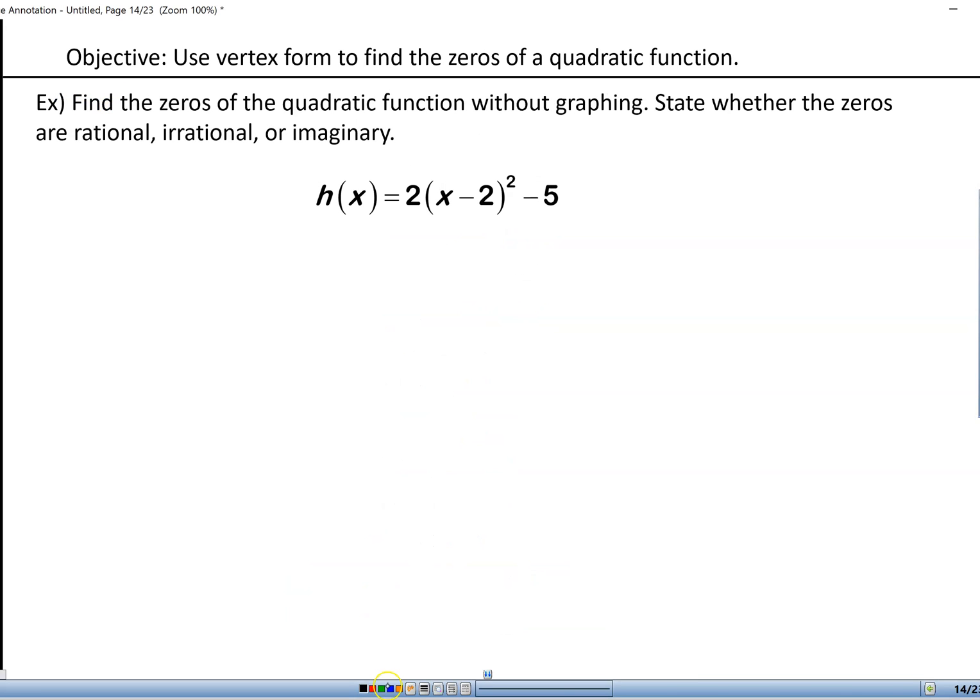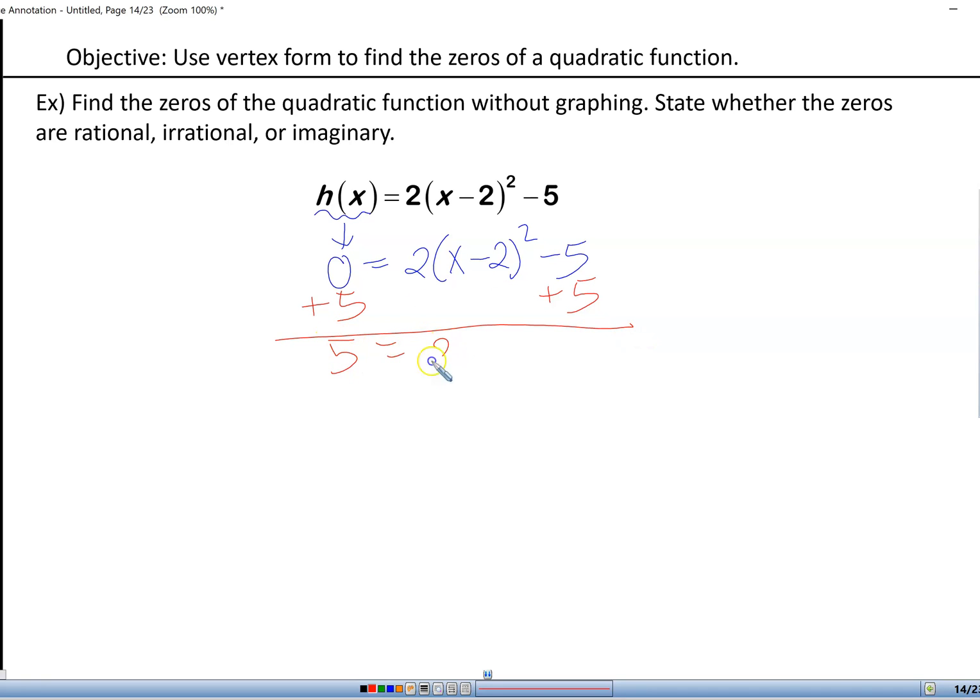All right, this is an example we are going to do together. So again, we start by taking our y function value and making it 0. Start now with our undoing algebra. So first we undo subtraction outside parentheses. 0 plus 5 is 5.